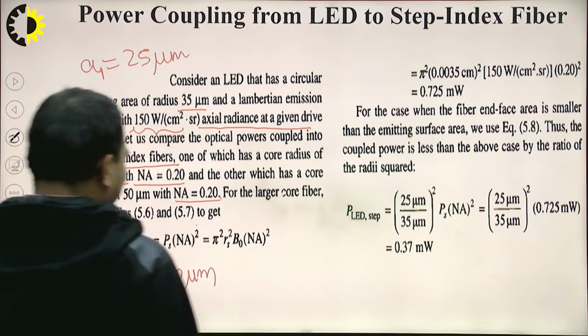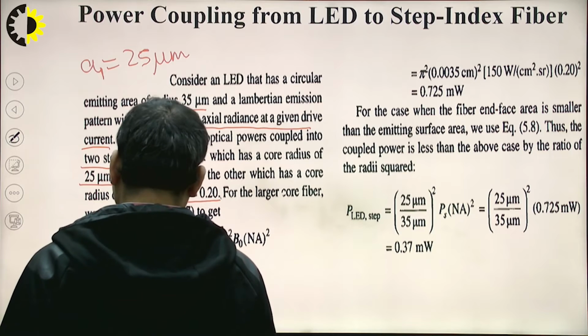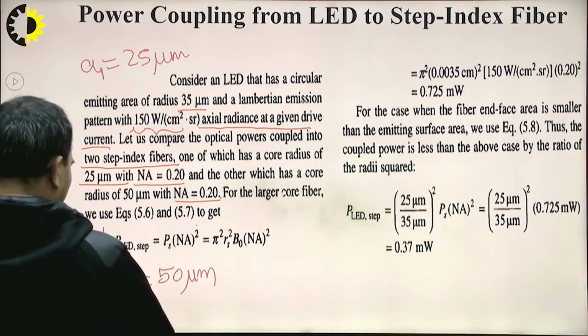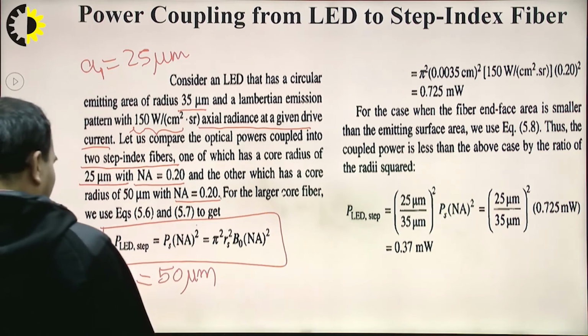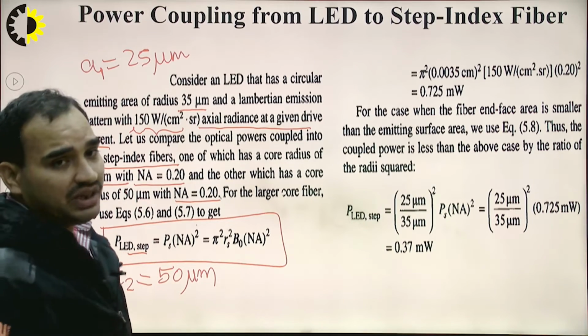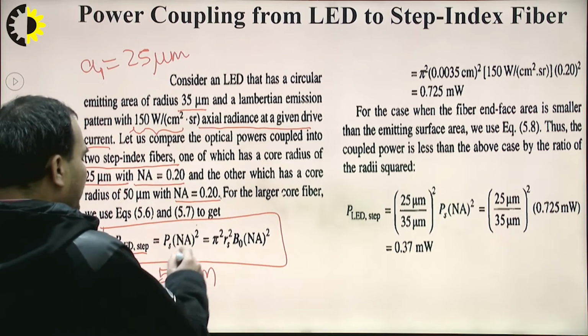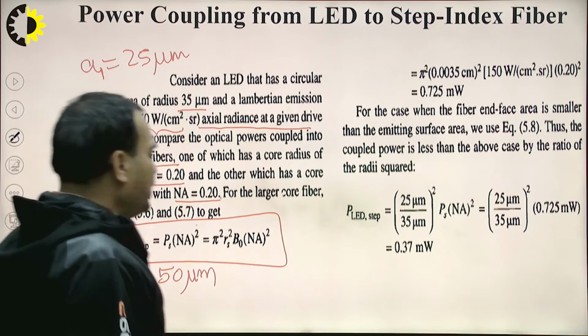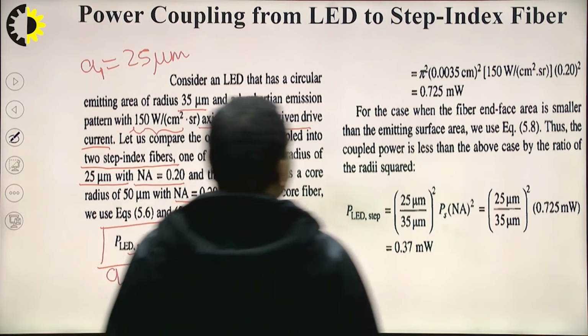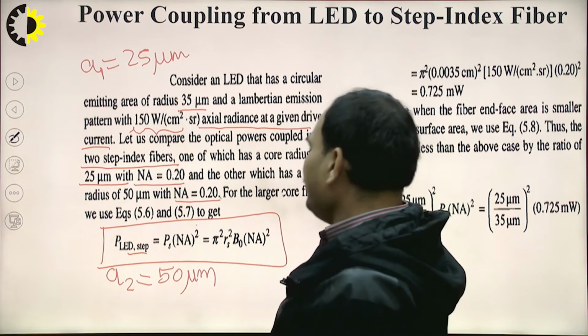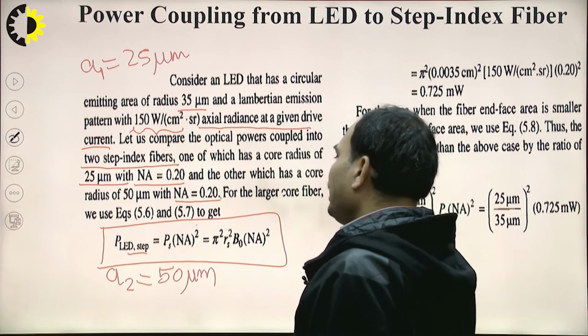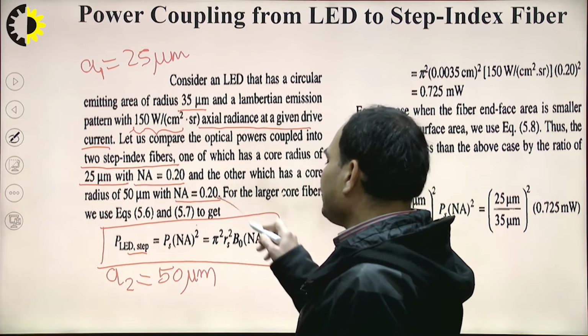So for the larger core fiber, we use the expression for the power coupled from the LED to the step index fiber, given by PS times numerical aperture whole square, that is pi square rs square B naught times numerical aperture whole square. Now we have the value of the numerical aperture, that is 0.2, and we substitute it here.